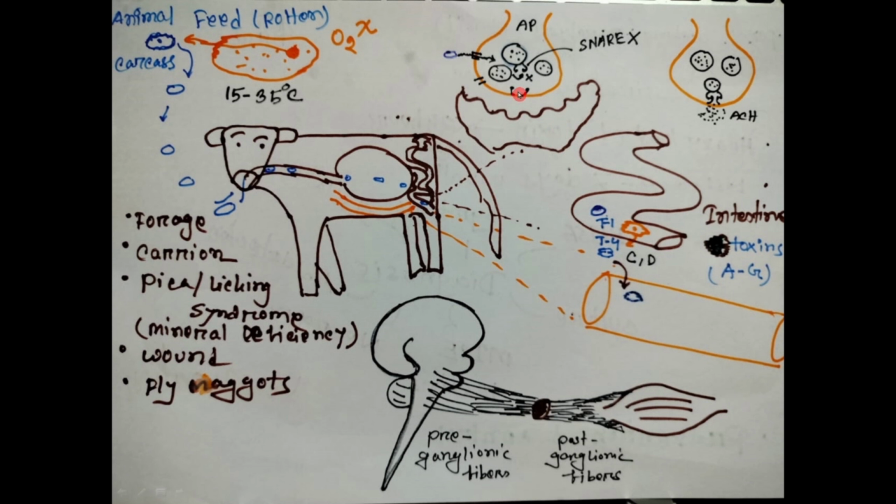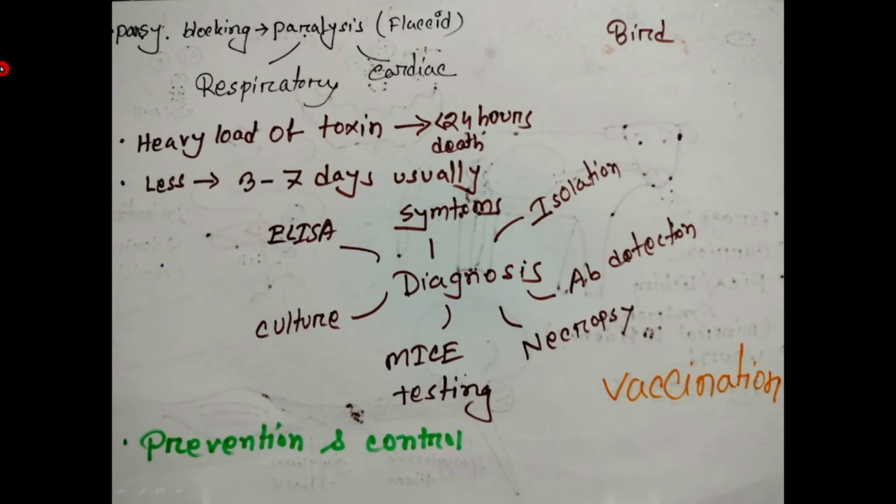That is how this toxin causes paralysis: as the nerve impulse is not getting conducted, the muscle will be paralyzed. So the main thing is that this is a parasympathetic blocking. That's why there will be paralysis.